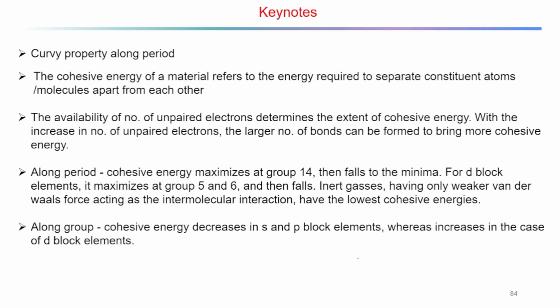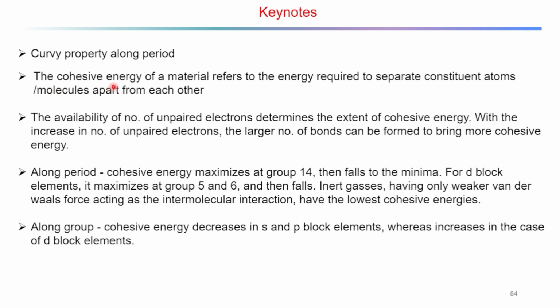So let's discuss the key points. We have observed that this trend in cohesive energy is actually a curvy property. First it increases, then becomes maximum at group 14 in case of S and P elements, and at group 5 or 6 in case of D block elements, and then it comes down.